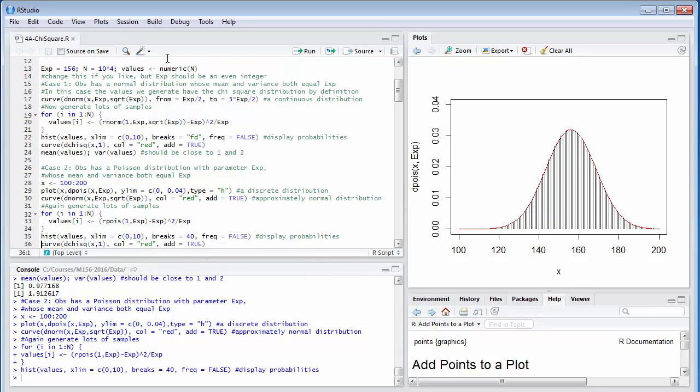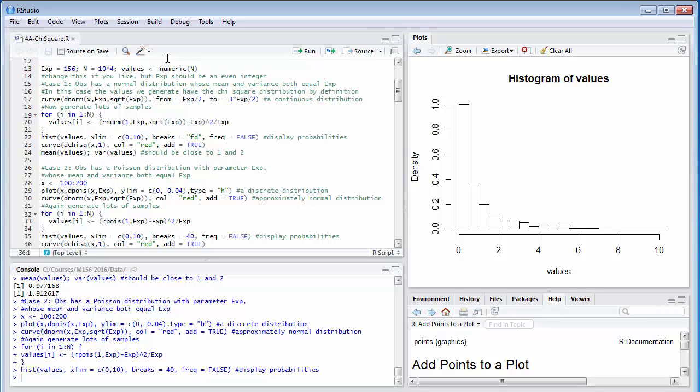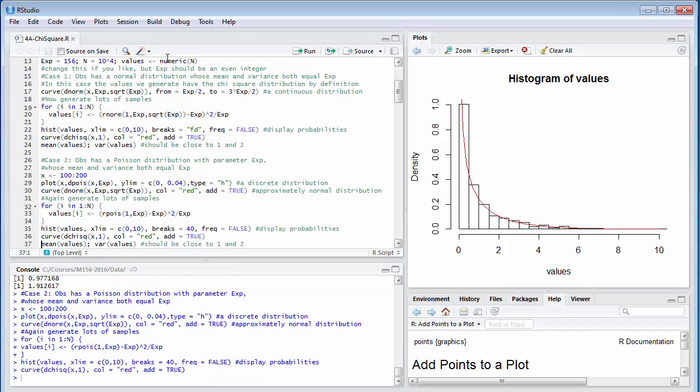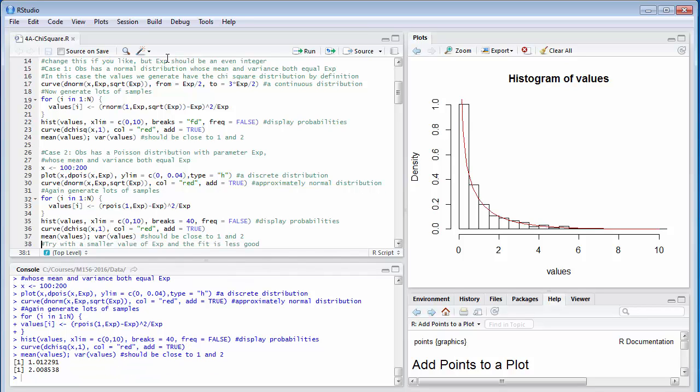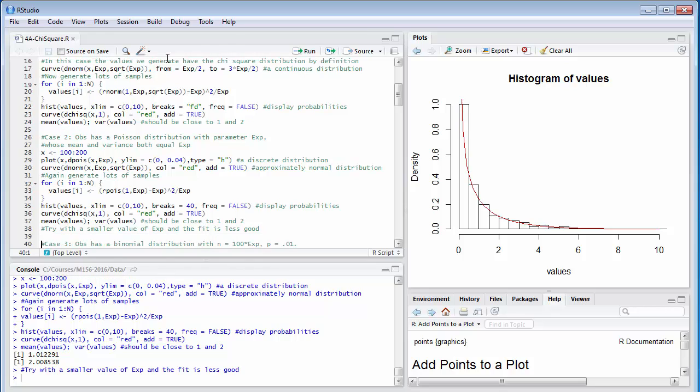And here's a histogram of the results. Maybe this chi-squared distribution is starting to look familiar now. There's an overlay of the density function for the chi-squared distribution. And again, the mean is close to 1, the variance is close to 2. If you repeat this with a smaller value of exp, the fit will be less good, though.